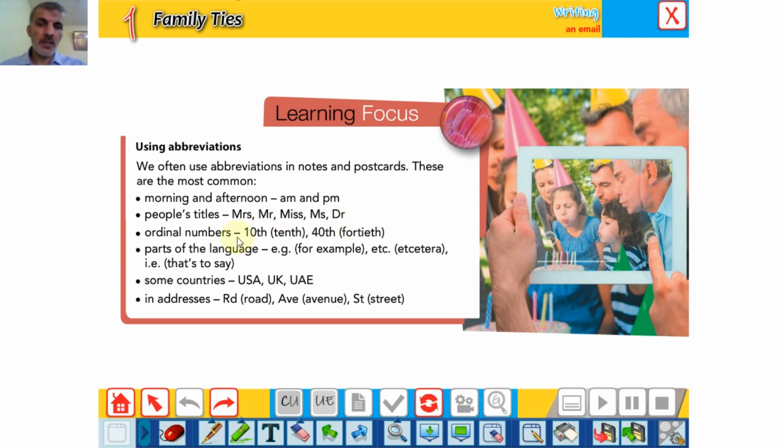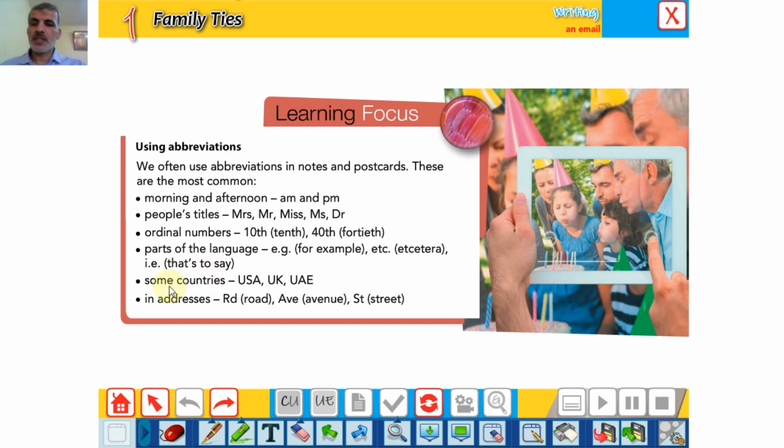For the ordinal numbers 10th, 14th, we can use these abbreviations. Also, for parts of the language, we use e.g. instead of for example, etc., as you can see, and i.e. instead of that's to say.